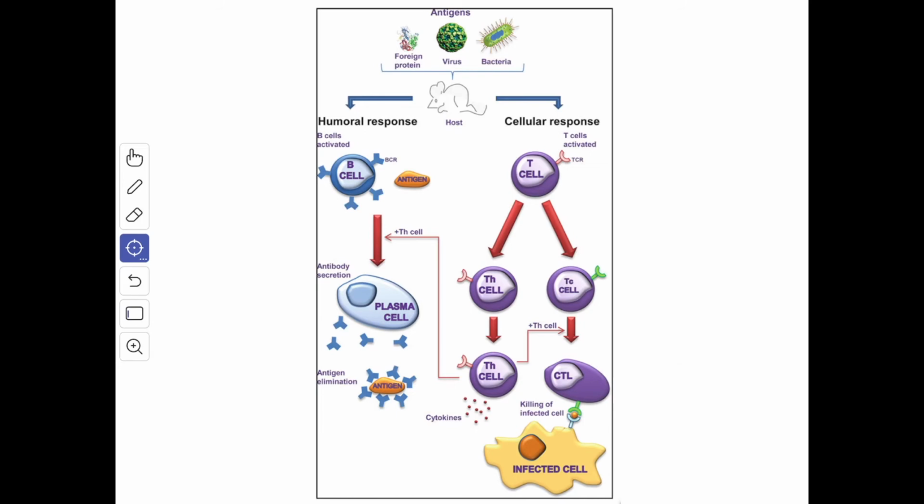Now you can understand that the B lymphocytes defend the body through blood-borne antibodies, whereas the T lymphocytes are responsible for cell-mediated immune responses, that is the cellular immunity, whereas the B lymphocytes are responsible for humoral immunity.